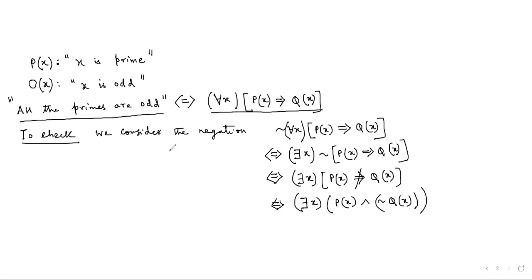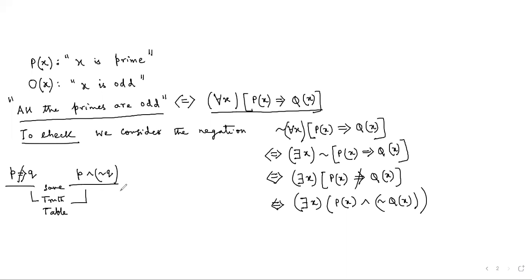This is also true because if I consider two statements p and q, then you can very well check that the statements p doesn't imply q, and p and not q, have the same truth table.